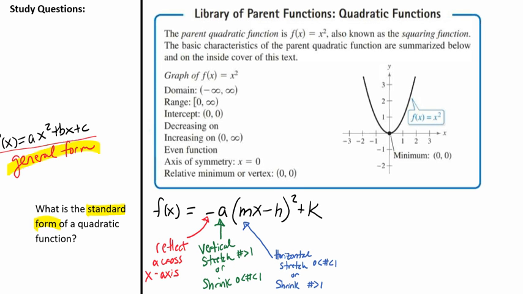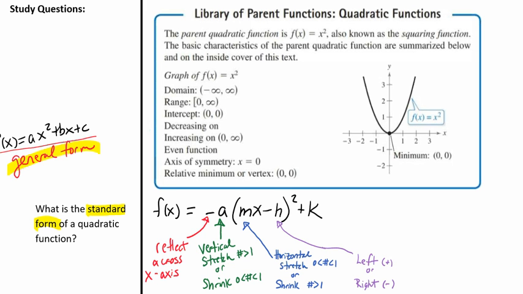What about the m? The m signifies the horizontal stretch or shrink, but it's kind of reversed. It does the opposite of our vertical stretch or shrink. So here, it's a stretch if the number is between 0 and 1, and it's a shrink if it's greater than 1. But when we say it's a horizontal stretch by a factor of, it's actually by the reciprocal, so it's by 1 over m as opposed to m.